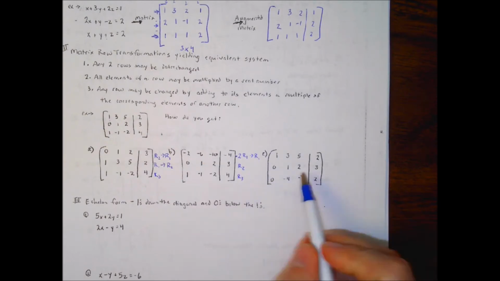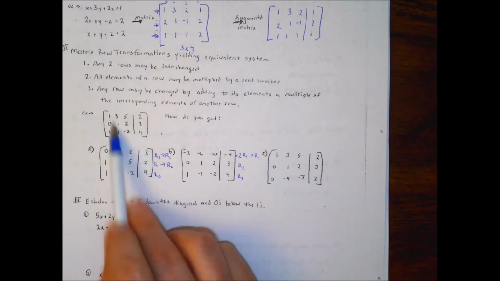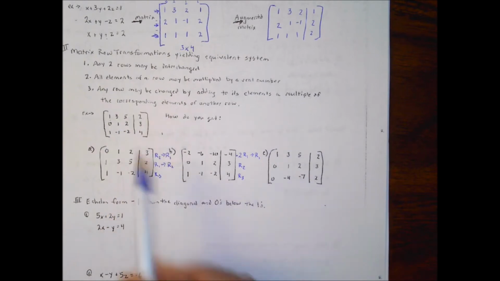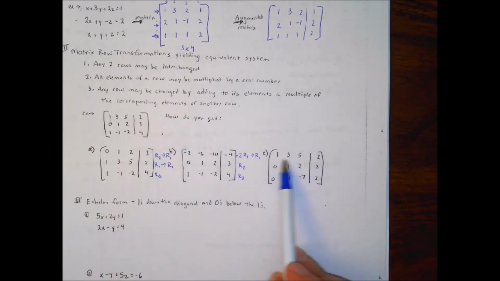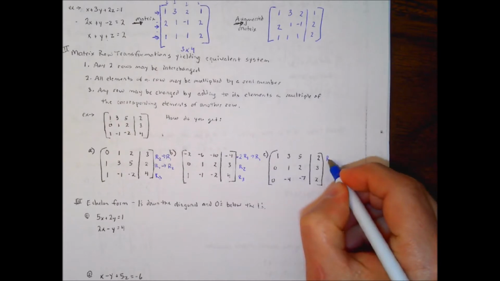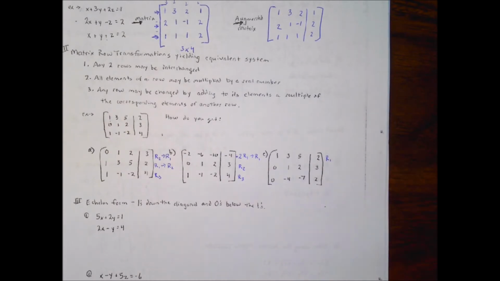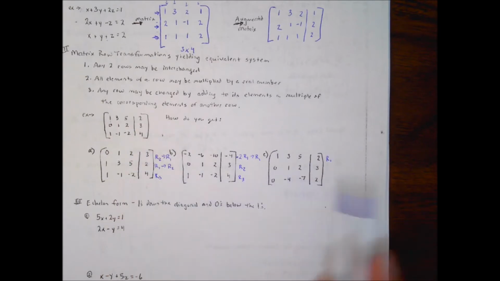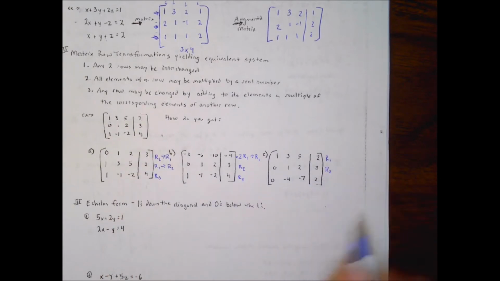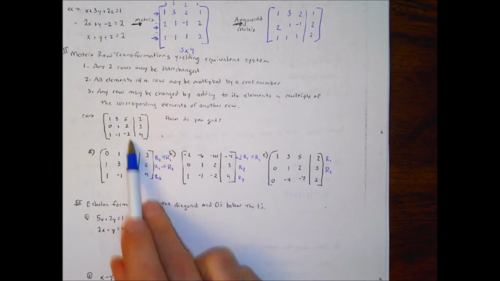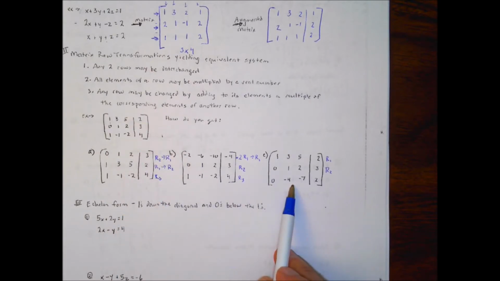Next one, how do I take this and get it to be this? Notice row 1 is unchanged, so that's going to stay the same. R2 stays the same. Now R3, how do we get R3 here? Probably using this third element.